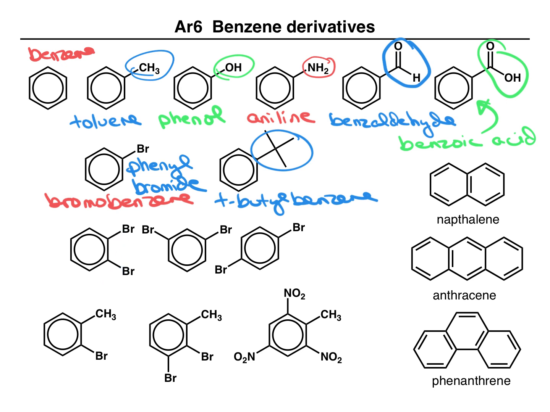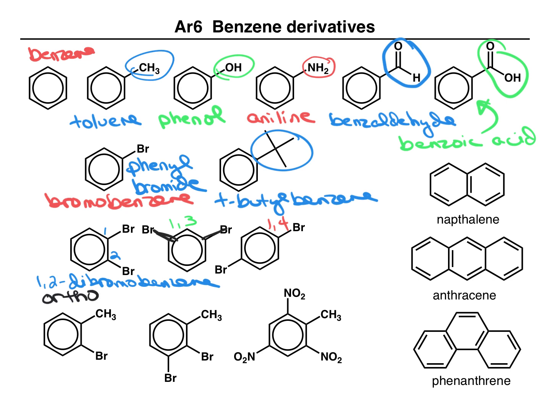Well, this could be 1,2. We can just call this 1,2-dibromobenzene. And then the next one would be 1,3 and 1,4-dibromobenzene. But there's another naming system where if we have our two substituents that are on adjacent carbons, this is called ortho.